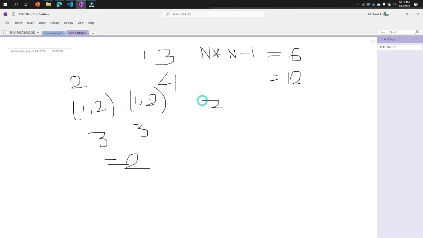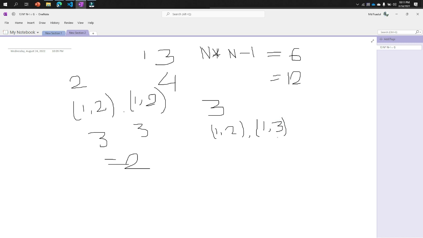But look at 3. If you take 1, 2, 3, then 1 and 2 is one pair, but we can't take 1 and 3, because the summation of 1 and 3 is 4.